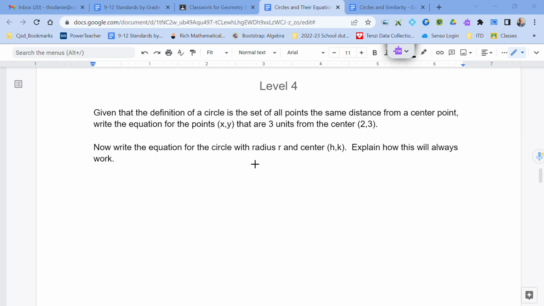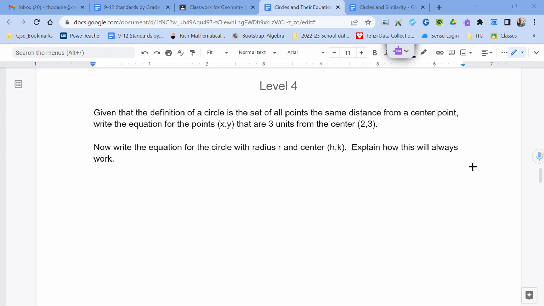Center's at 2, 3. So this distance is x minus 2, and this distance is y minus 3. So here we have one leg squared plus another leg squared equals the hypotenuse 3 squared.